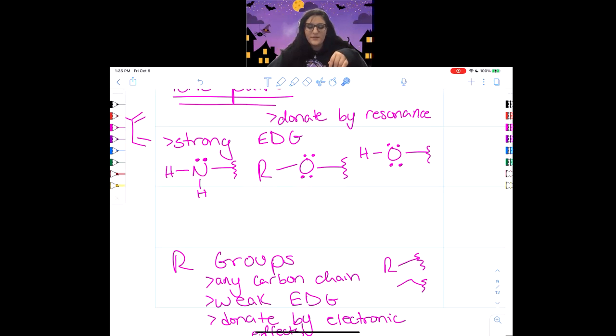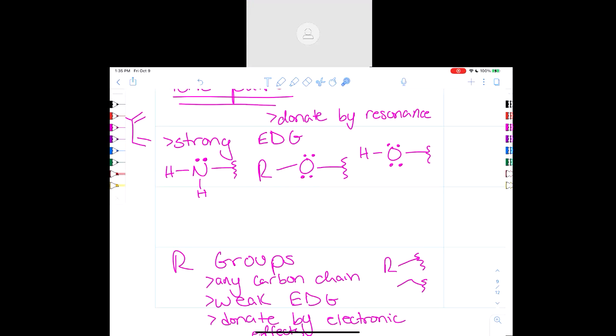So you might have a little bit of extra push from the R group, but we primarily care about this oxygen right here. Okay, so the lone pairs are usually on the electronegative atoms, and then the R groups just contain carbons. Exactly, yes. Okay. All right.